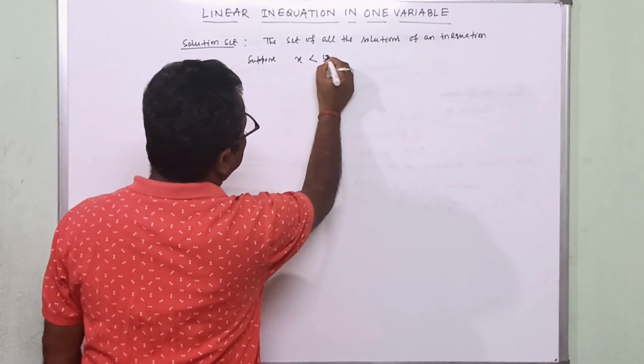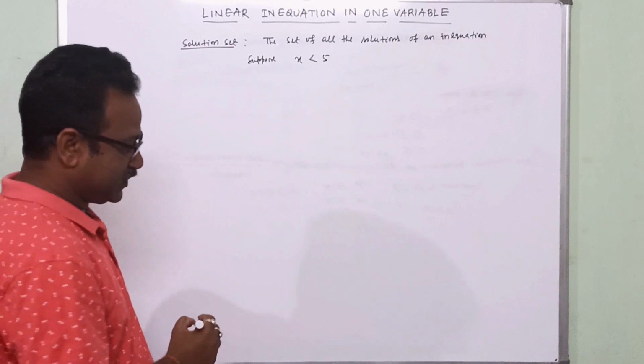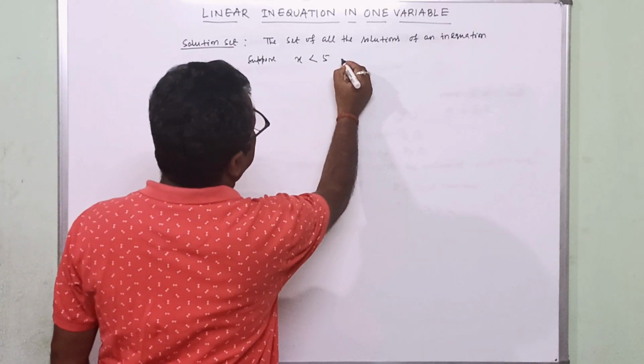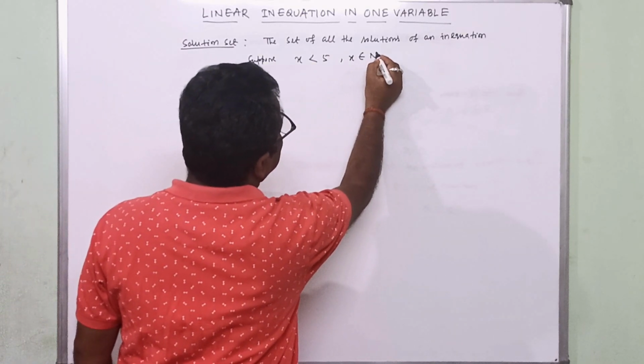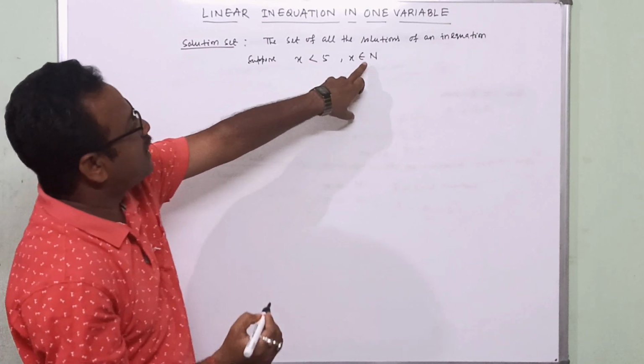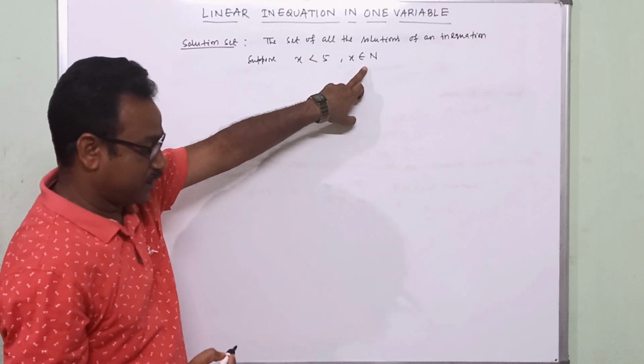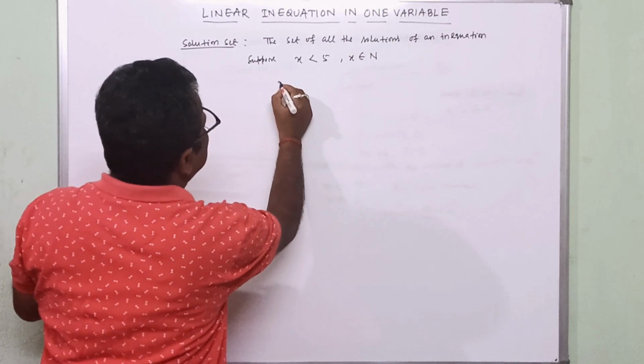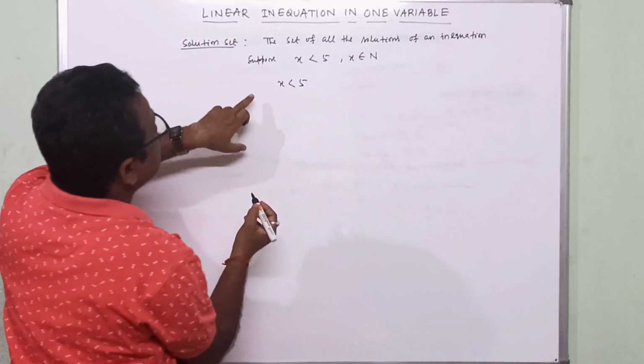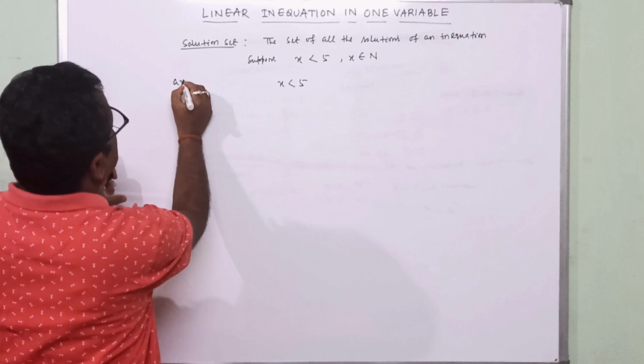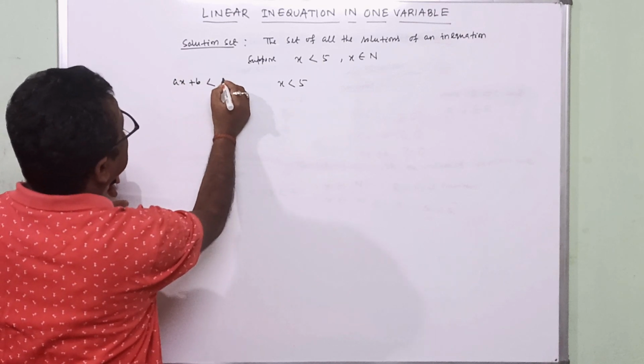Now suppose x less than 5, x belongs to N. X less than 5, x belongs to the set of natural numbers. Now we can write the inequation x less than 5. This is in the form of ax plus b less than 0.